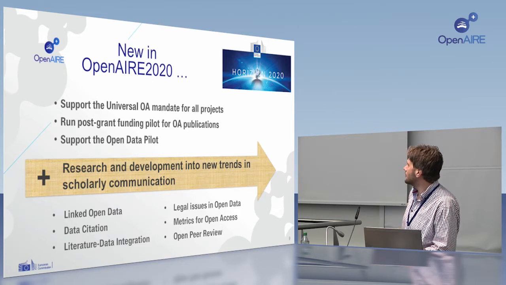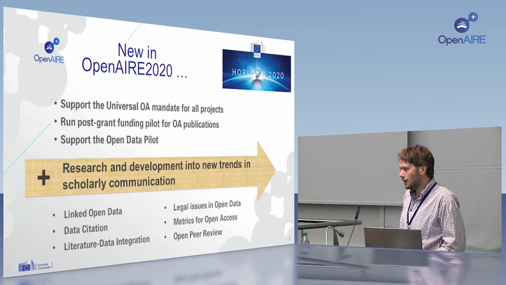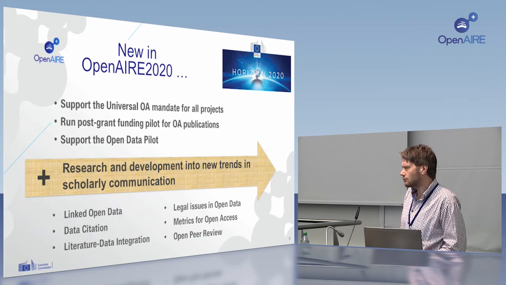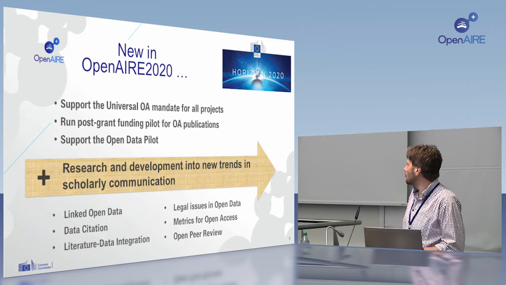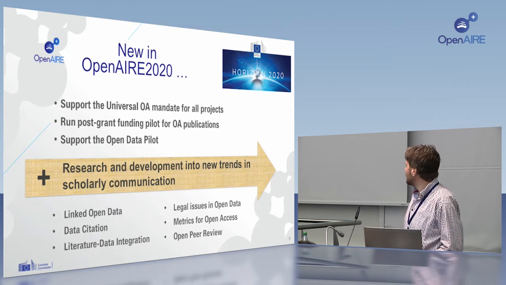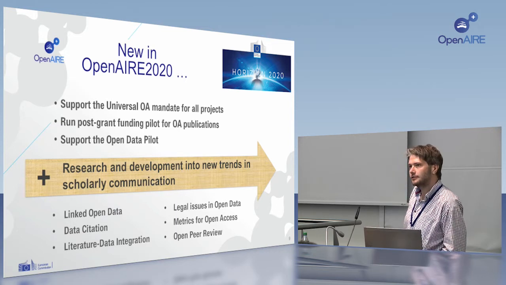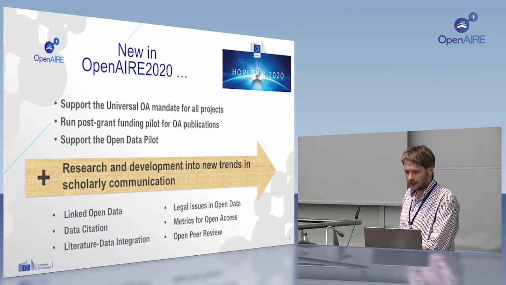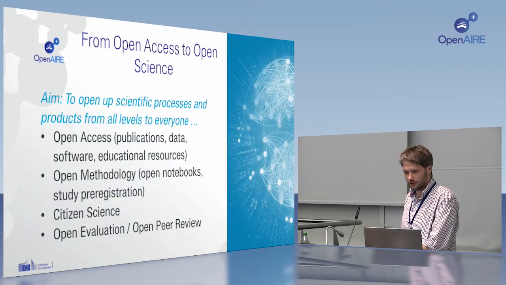We are doing lots of things with the RDA and with the World Data System, WDS, in terms of data citation and literature data integration. We also are looking at legal issues in open data, issues of data protection and public sector information in open data. We're looking at new metrics for open access, and one more task we are looking at is open peer review.